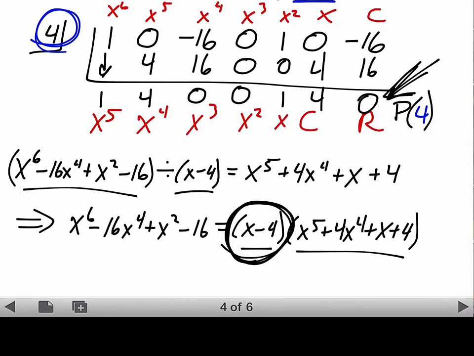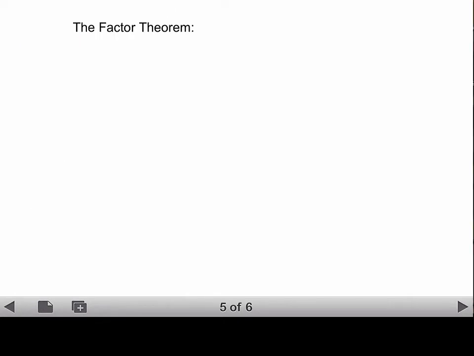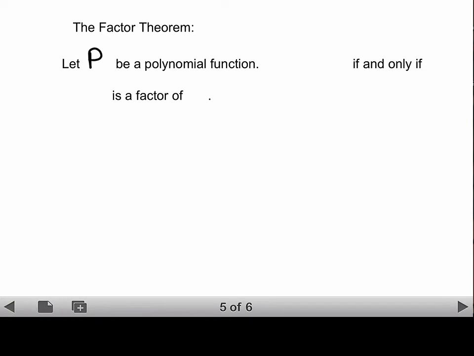The factor theorem says that if I have a number where, when I evaluate the polynomial at that number, I get a 0, then I have found a factor of the polynomial. And the factor theorem is what we're going to state next. The factor theorem says that if we start with a polynomial p, it's a function, then p evaluated at some number c is going to turn out to be 0 if and only if x minus c is a factor of p.